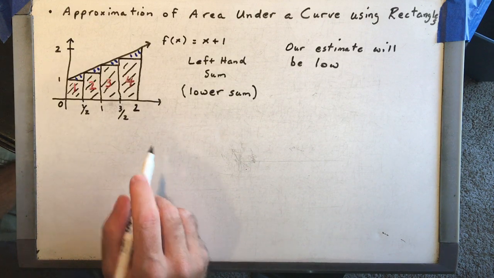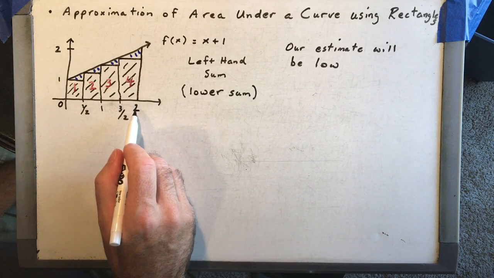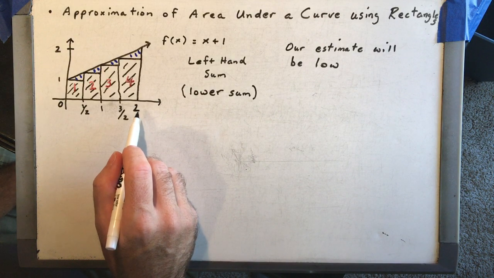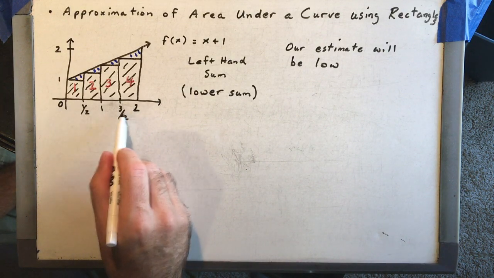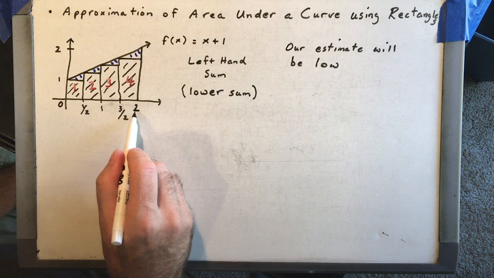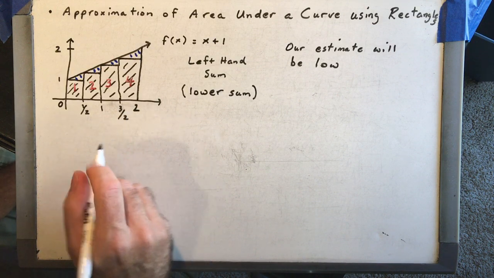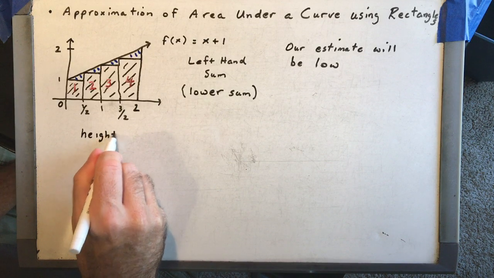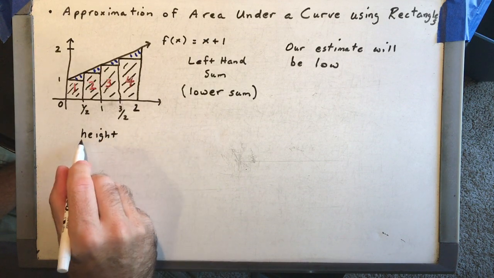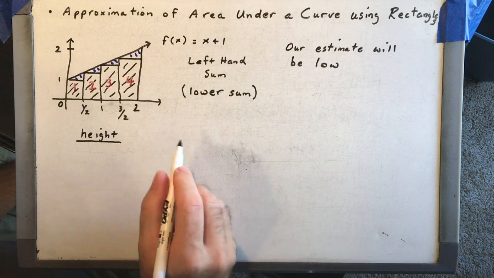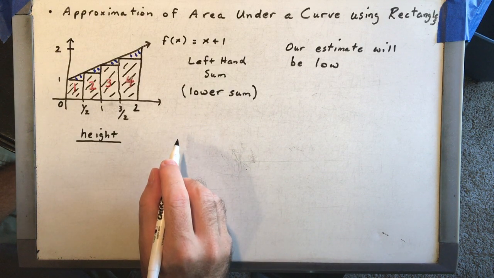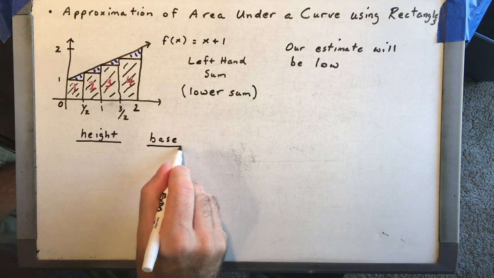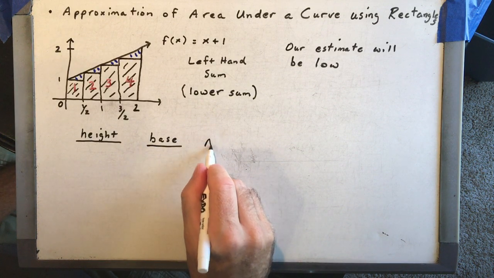All right, so our total width is 2, right? So the base of each rectangle is 1/2. Okay, so let's get the height, and then we'll say the base and then the area.